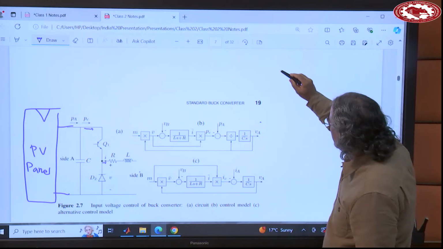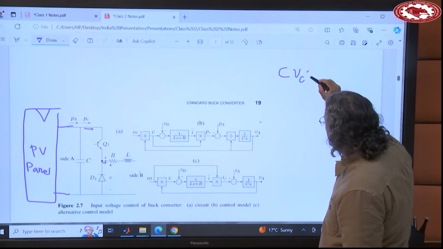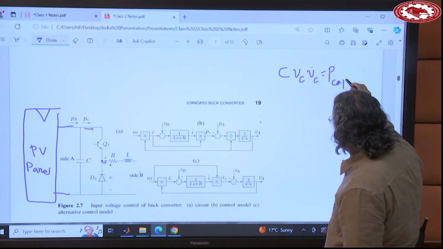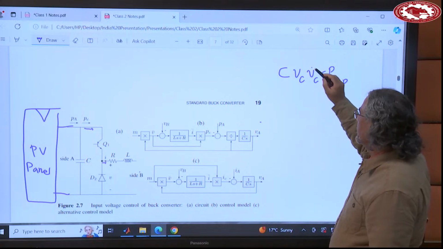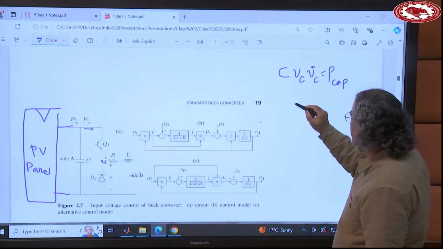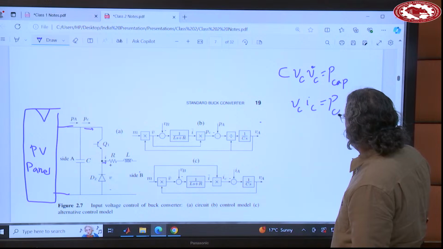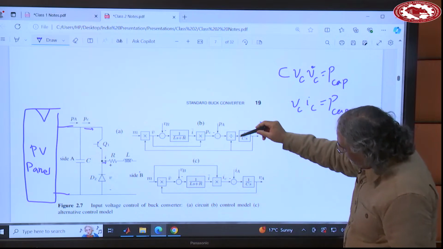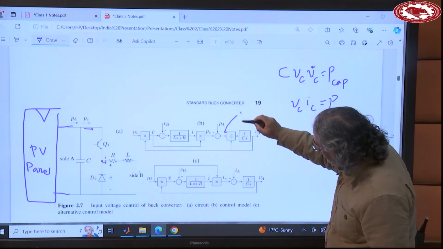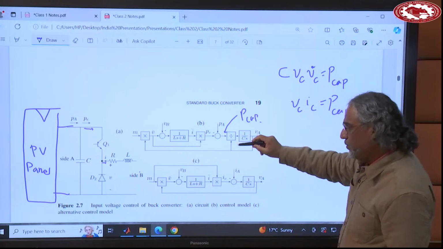And we know the power of a capacitor: C into VC into VC dot is the power of the capacitor. Dot is for derivative, right? It is voltage into current, VC into IC. So this division here means that the power of the capacitor, you divide it by VA or VC.